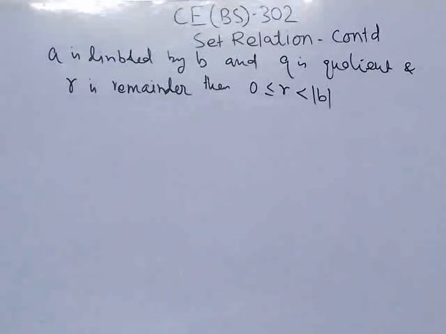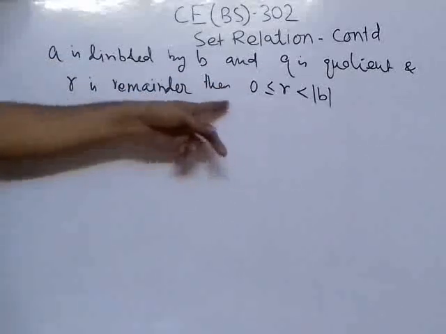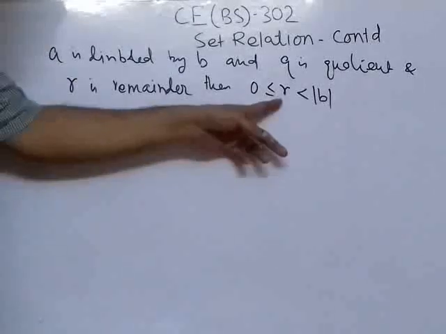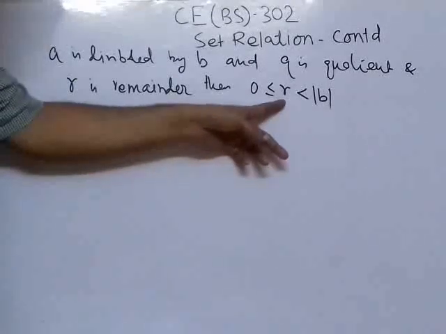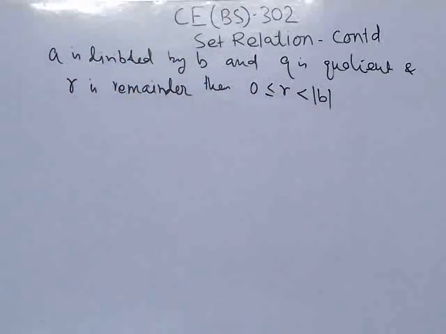So r is not taken to be negative, r will always be non-negative. So r will be either 0 when a is divisible by b, or otherwise r will be a number from 0 to less than mod b.